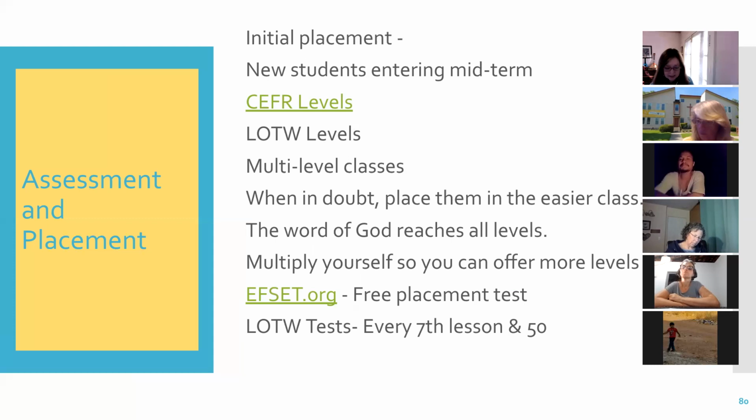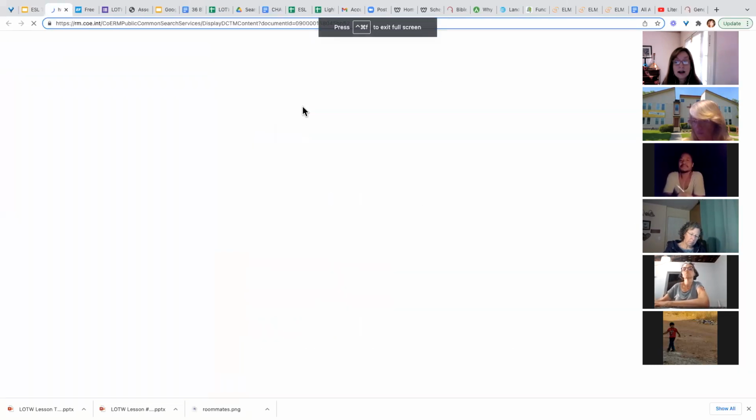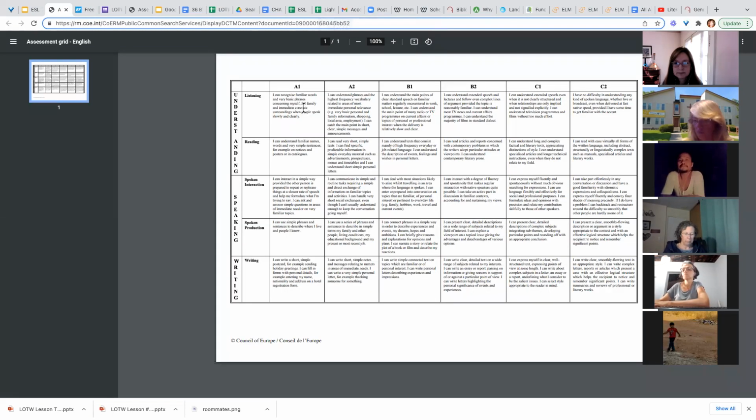But we have some technical language we can use that helps us to be a little bit more specific, because what I think is beginning might be something different than what you think is beginning in your mind. And so we use a standard. They're called CEFR levels. So this is a worldwide standard that was set up by the council, a European council, and it's used for all languages, not just English.